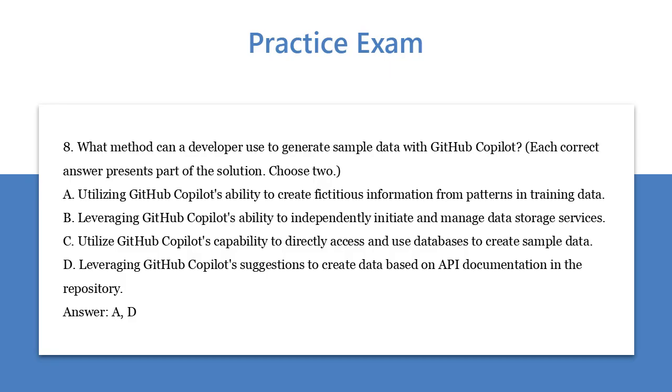B. Leveraging GitHub Copilot's ability to independently initiate and manage data storage services. C. Utilize GitHub Copilot's capability to directly access and use databases to create sample data. D. Leveraging GitHub Copilot's suggestions to create data based on API documentation in the repository. Answer: A, D.